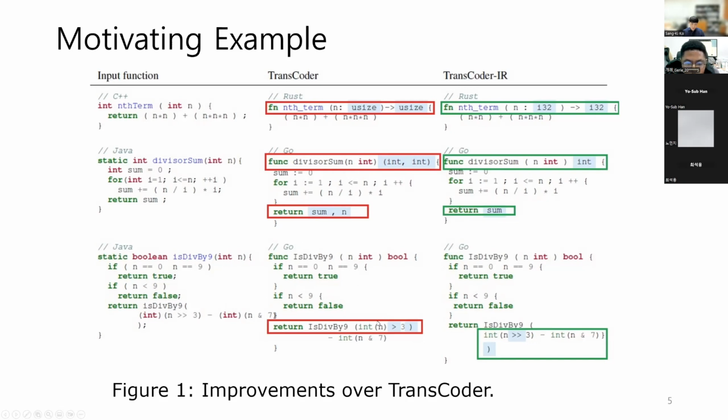There is a conversion problem with the shift operator. If you see this line, the double greater-than has been confused with a single one. Also, the parentheses have been closed early, so the second term has been left orphaned. TransCoder-IR has fixed it in this way.